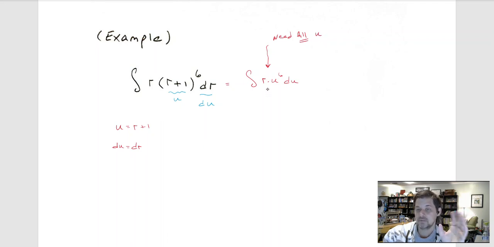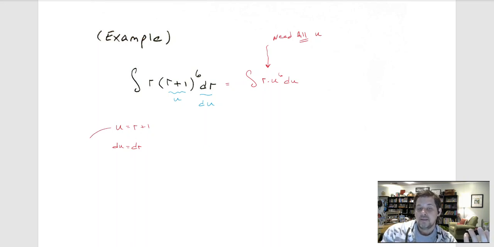Now it's a mixture. But look, these are equations. You can treat them like equations. You can add, subtract, multiply, divide the same numbers on both sides, right? Is there some way that you could use these equations? These are the substitutions you're working with. Is there some way you can modify them to substitute away the r and get this completely in terms of u?